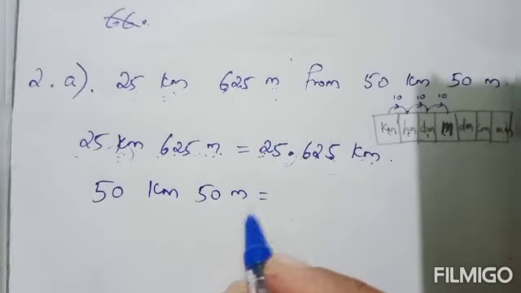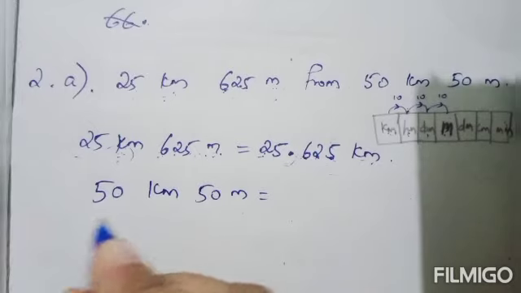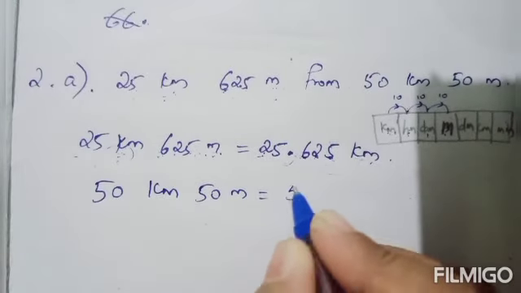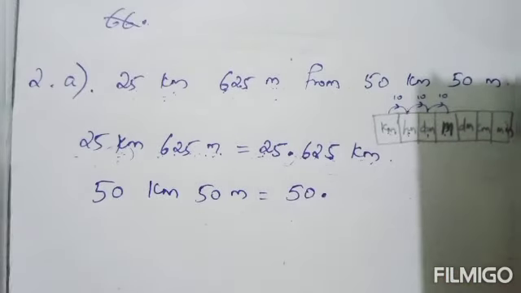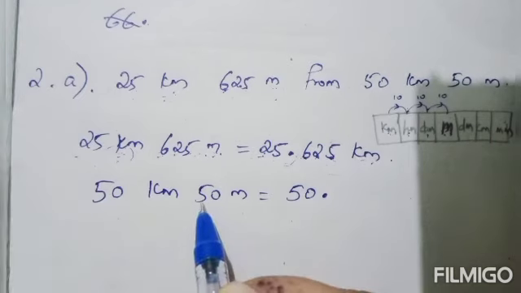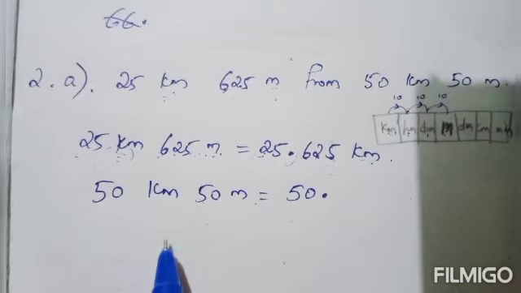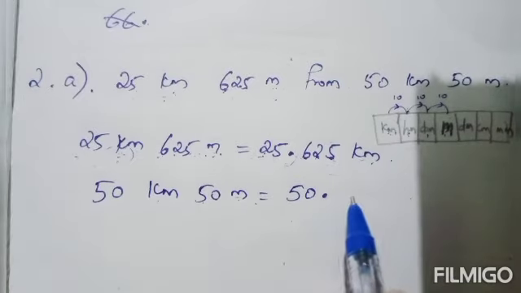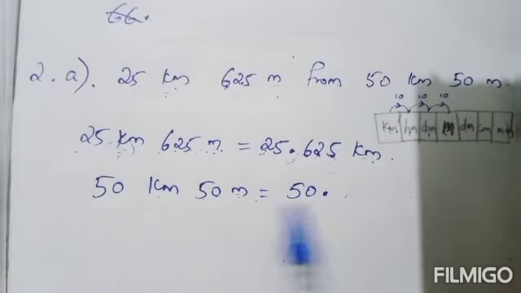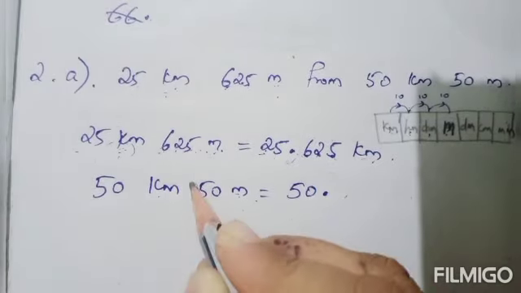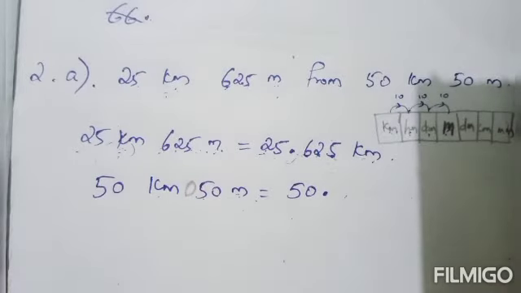If you are writing in decimal notation, this kilometer you can write before decimal point. So 50 point. Okay, 50 meter. Here only 2 digits. I told you, if you are writing kilometer and meter in decimal notation, it should contain 3 digits after decimal point. So how can you make this 3 digits? You can put 0 before.